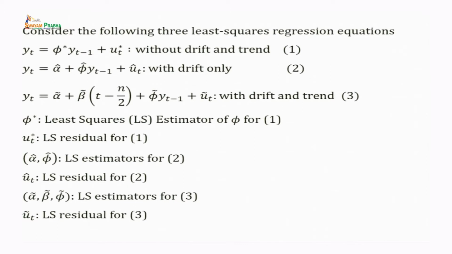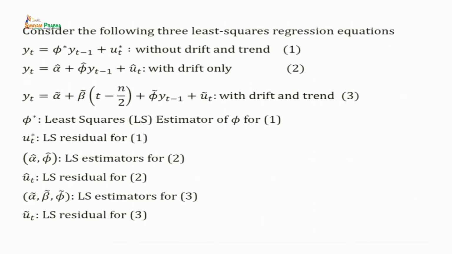So, we consider these 3 least squares regression equations. First equation is y_t = phi star y_{t-1} + u_t star. This equation does not have any drift or trend. Then the second equation is y_t = alpha hat + phi hat y_{t-1} + u_t hat.